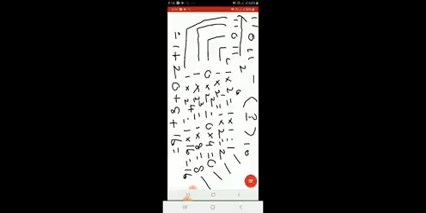So when you add these numbers, 1 plus 2, 3, 3 plus 0, 3 plus 8, 11, 11 plus 16, 27. So since it is a decimal number, we have to put its base as 10.